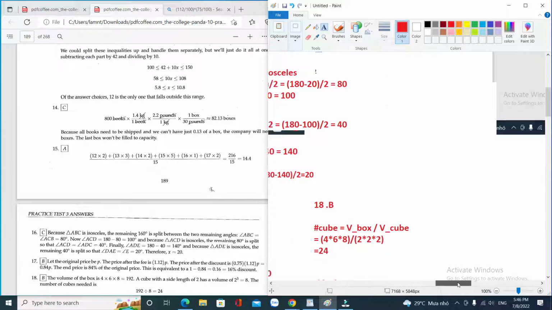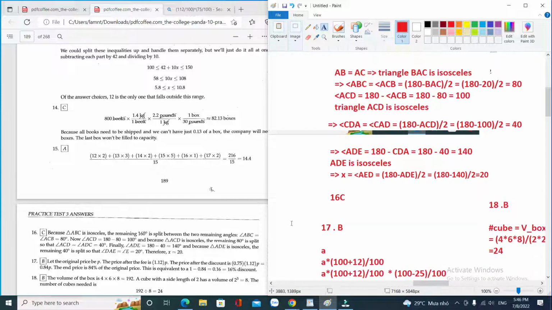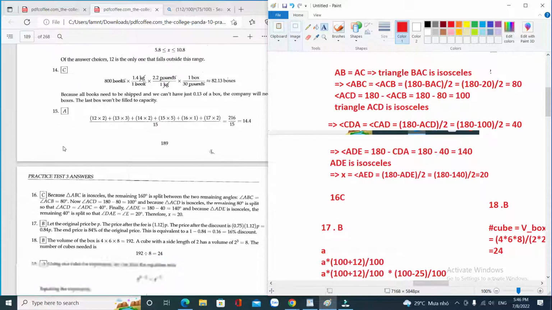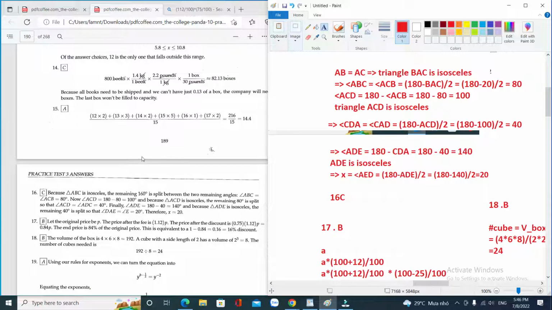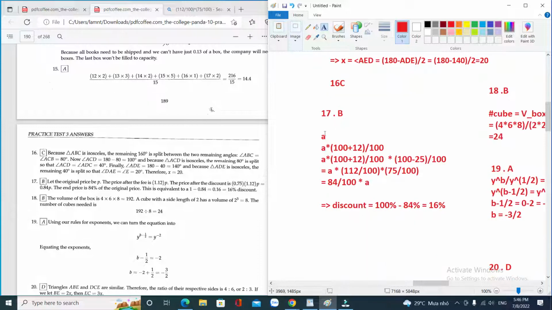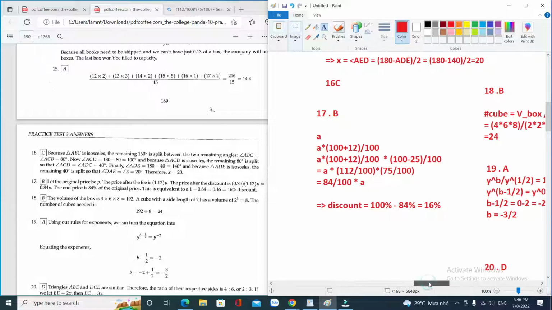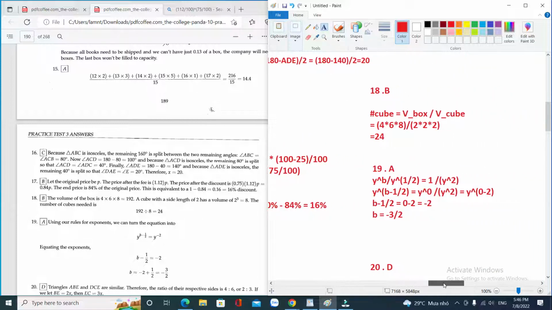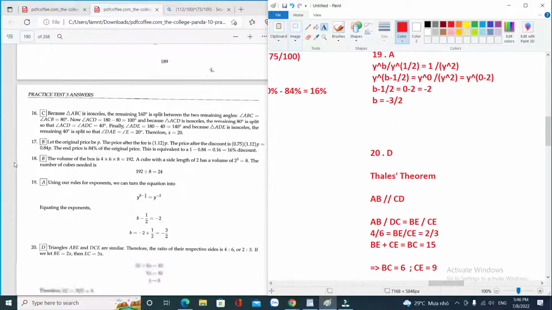Okay, 16 is over here. 16 is C. 17 is B. So it's a 16% discount, so 17 is B. 18 is B, 19 is A, exactly. And 20 is D.